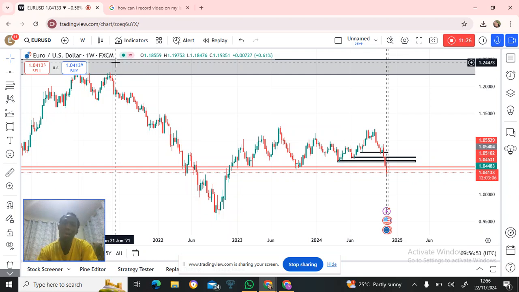In this case, the dominant currency is the dollar. Now, when I want to travel from Nairobi, Kenya to South Africa, I will change my local Kenya shillings to the US dollars. So what the bank will do, because I will be buying the dollars from them, they will sell me the dollars for them to make a profit.